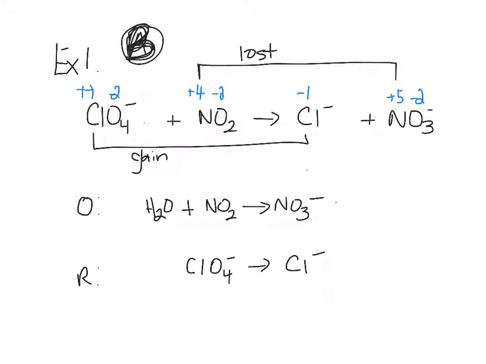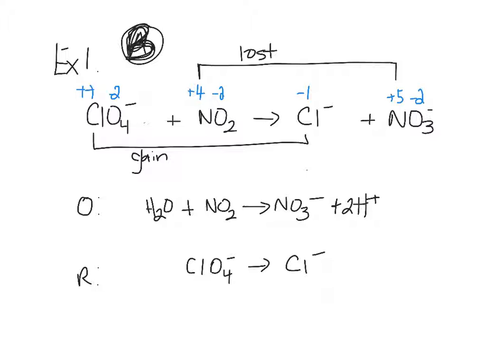So we're going to add 2 H pluses. So now we're on step 6, the last step for this one. Balance each side of the half reactions electrically by adding electrons.